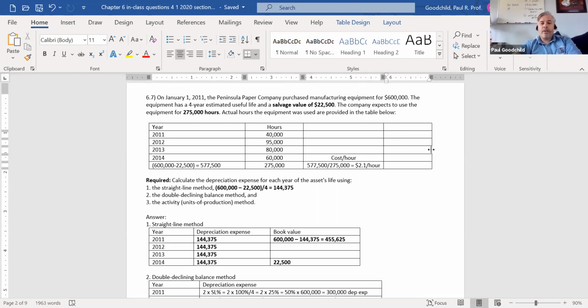Now, if I want to calculate my depreciation expense for each of the years, I'm going to go ahead and multiply 40,000 times 2.1 and calculate out those figures.